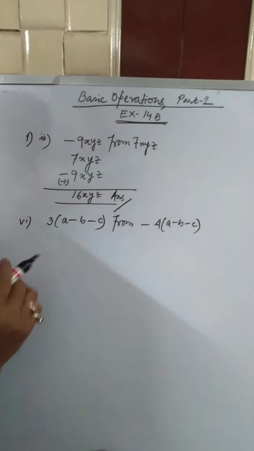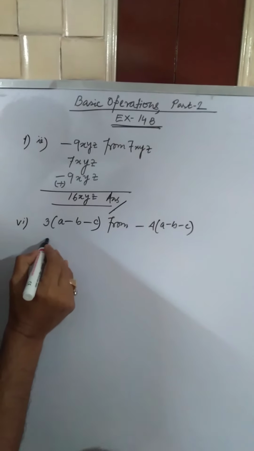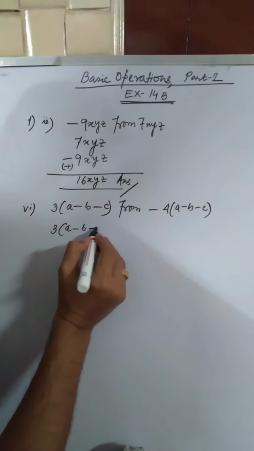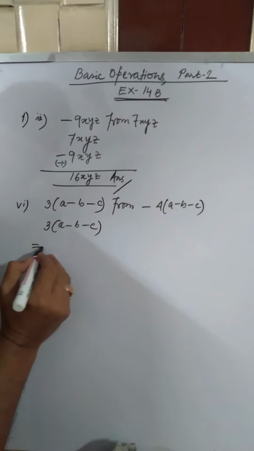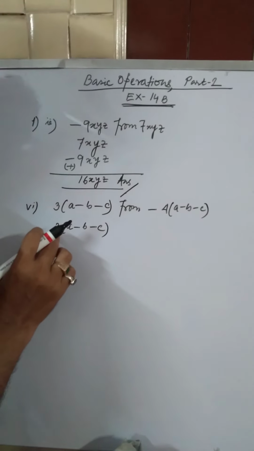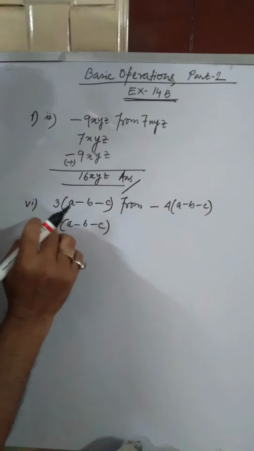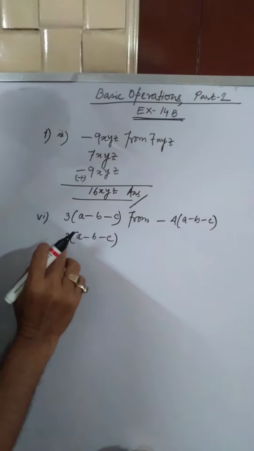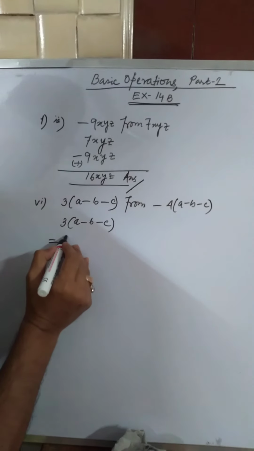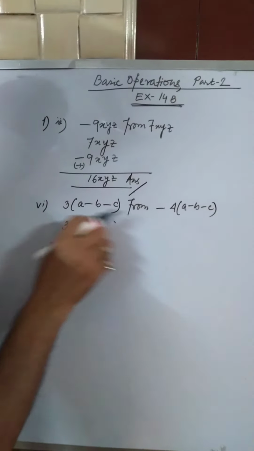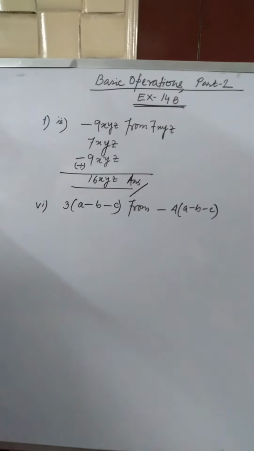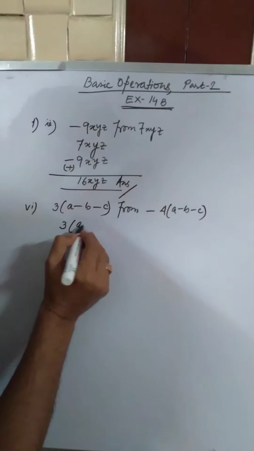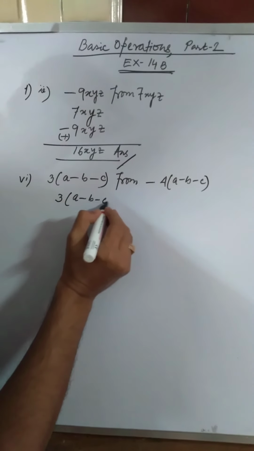First, consider the individual term: 3 within bracket a minus b minus c. So no sign is there. That means you have to multiply 3 with each of the terms within the bracket. Or let me do it in a simple way.